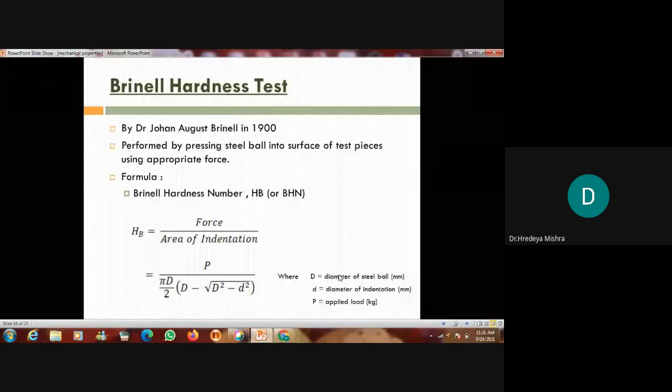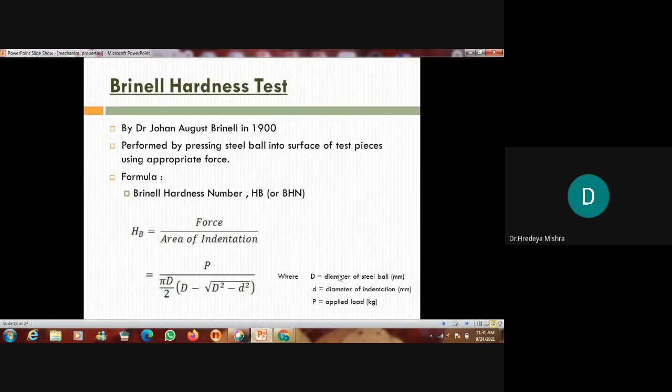Very little area contacts the ball. When we apply force, the ball is inserted into the material, and the diameter covered by the ball is our small d.